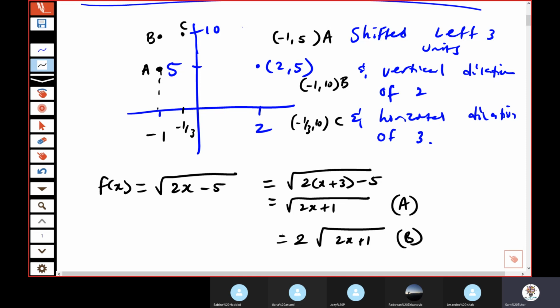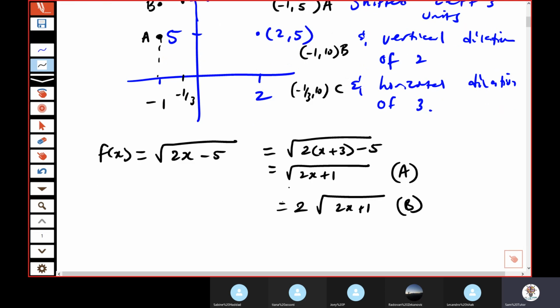Do I just change x to a third, or do I change x to x on 3, like 1/3 of x? The x still has to be there. X doesn't become a third. Up here we multiplied it by a third, but when you sub it in, the x is going to still be there. That means the answer is this: the square root of 2x on 3 plus 1 would be C.